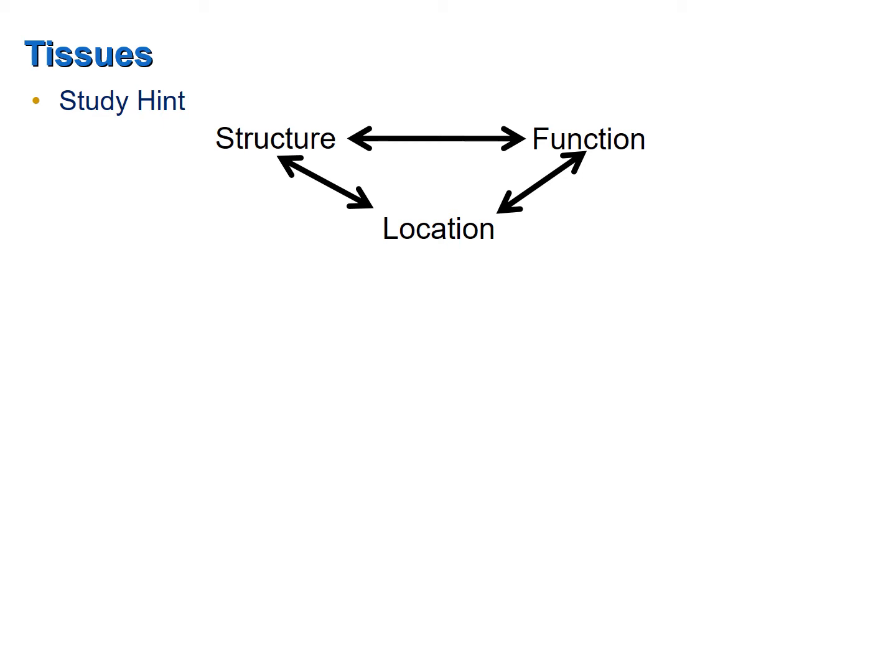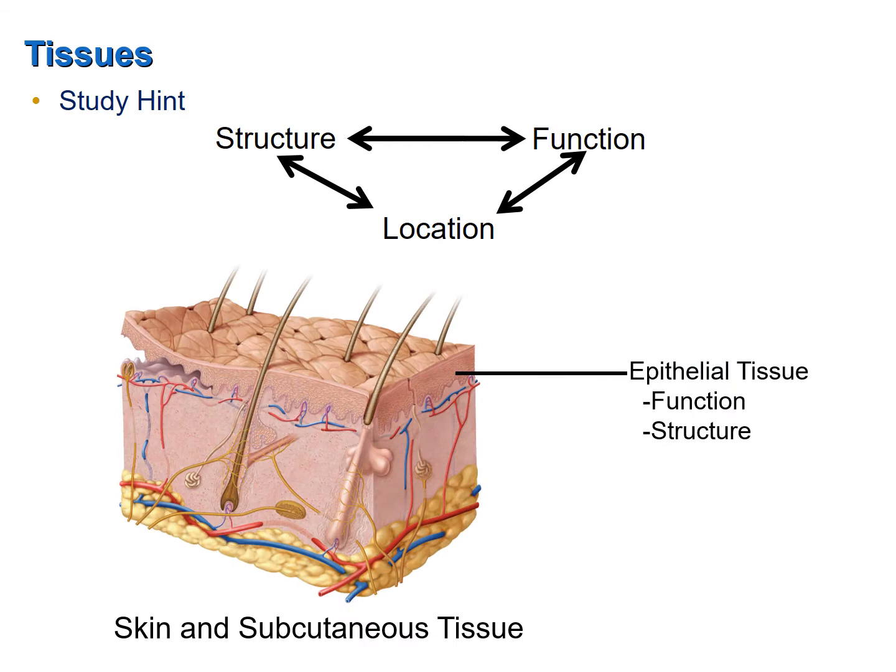You'll also retain more information when you learn, and you'll be able to perform better on evaluations such as quizzes and exams. For example, let's look at stratified squamous epithelium, which is found in the outer layer of skin called the epidermis.